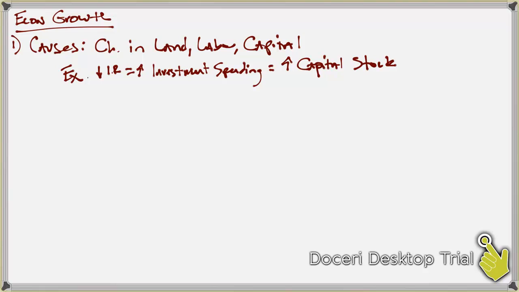It seems to show up almost every single year in some way, shape, or form, okay? Sometimes on FRQs, and whenever you're asked about how economic growth or investment spending is going to change on an FRQ, you always need to find the interest rate. Figure out what's happening with the interest rate in that question, and then that will drive the investment spending or the growth. Low interest rates, more investment spending, more growth. High interest rates slows everything down. Okay? So I think that's important for us to know.